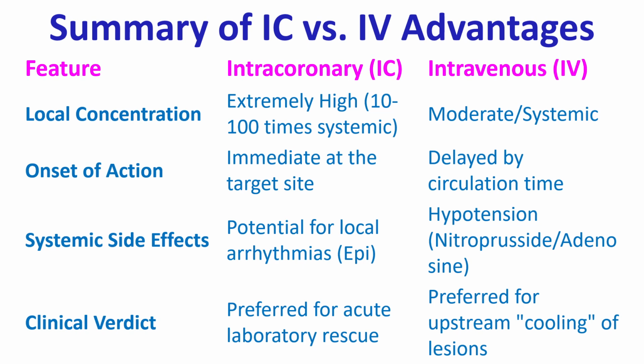Systemic side effects: hypotension for nitroprusside and adenosine, potential for local arrhythmias for intracoronary epinephrine. Clinical verdict: intracoronary is preferred for acute laboratory rescue, while intravenous is preferred for upstream cooling of lesions.